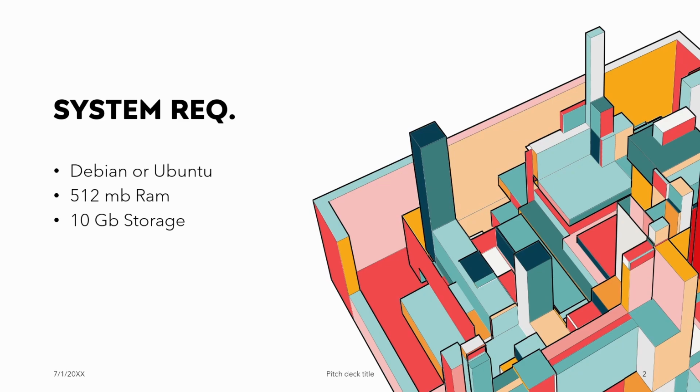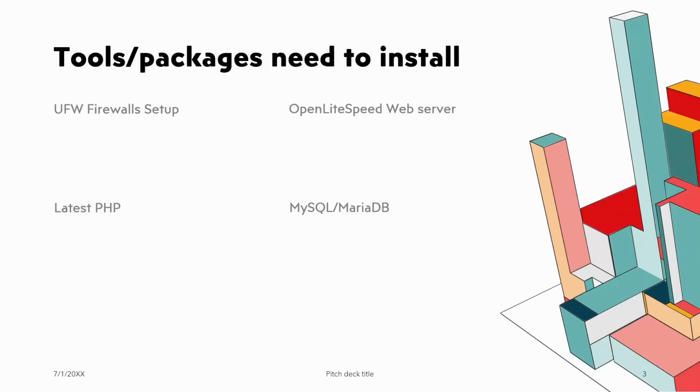So keep in mind the packages we need to install for that, and the tools. First of all, we need to allow the firewalls, and then obviously the OpenLiteSpeed web server needs to be installed, and we need to also install the latest PHP.